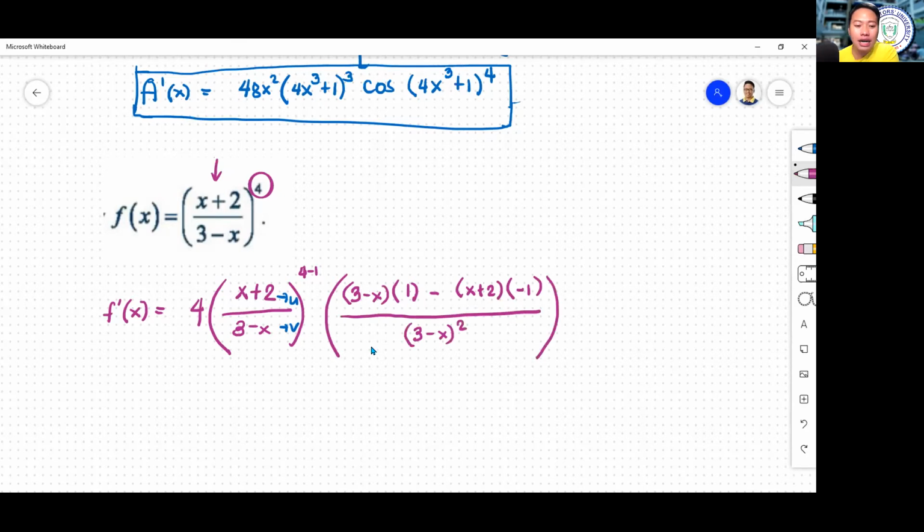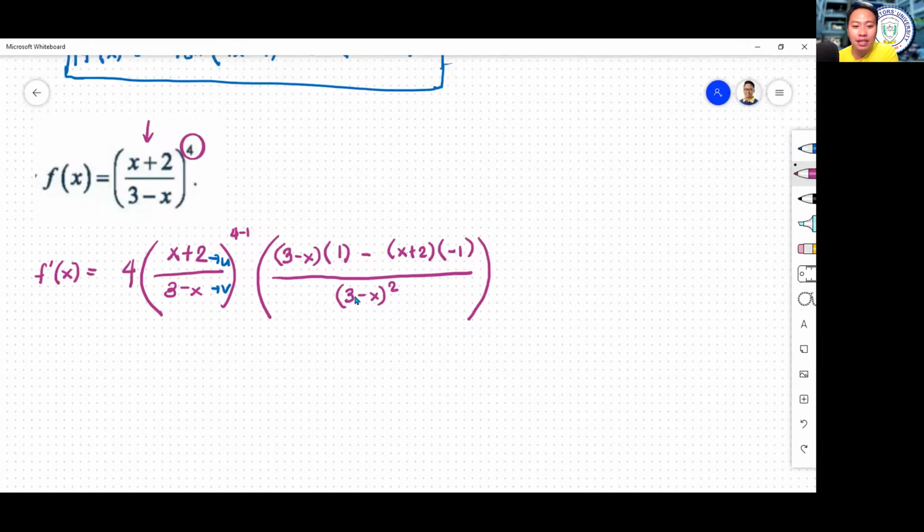What did we do in the second parenthesis, guys? That is u dx v minus v dx u over v squared. This is the derivative of a quotient. You still remember that? I hope so.